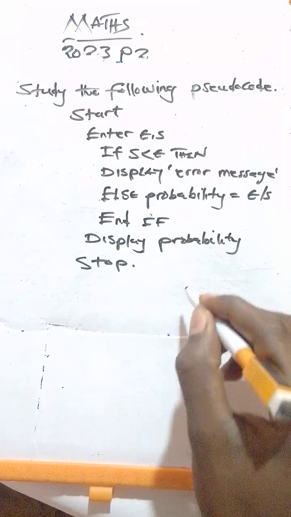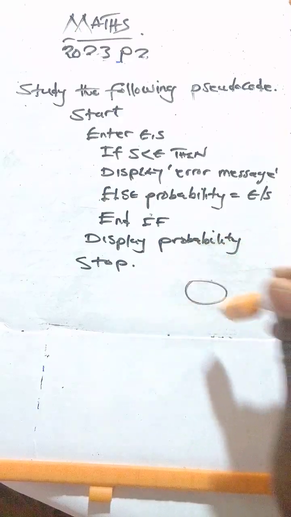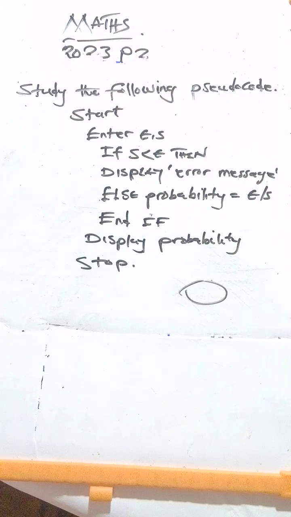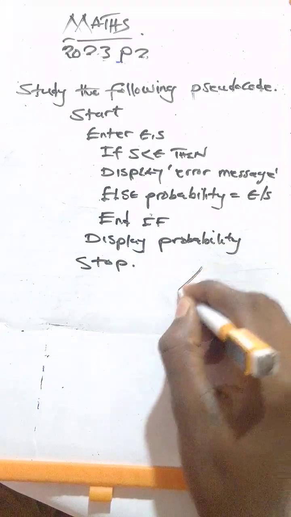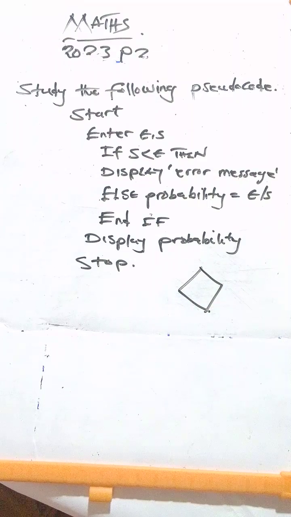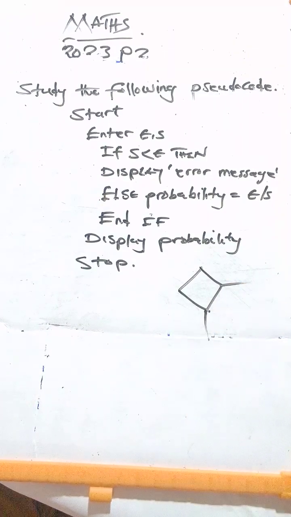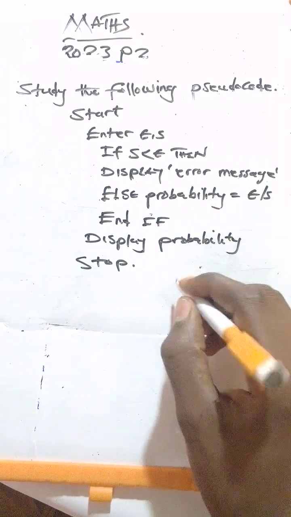So we know that this oval shape, the oval, we use it for start, stop, begin, end. Then apart from the oval shape, we have a diamond shape. A diamond shape is a decision box which involves a question you need to decide. Hence, it has 2 answers, yes or no. And apart from this diamond shape, we have a rectangle.